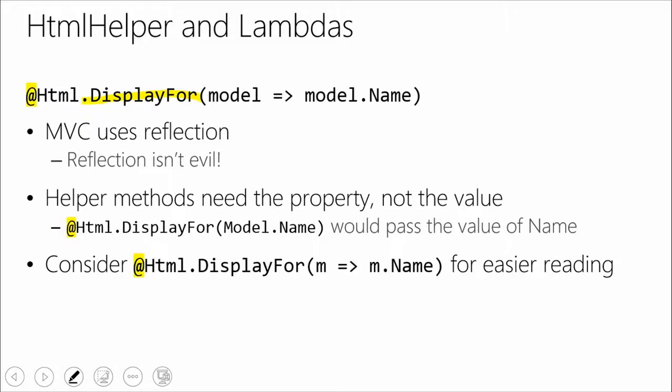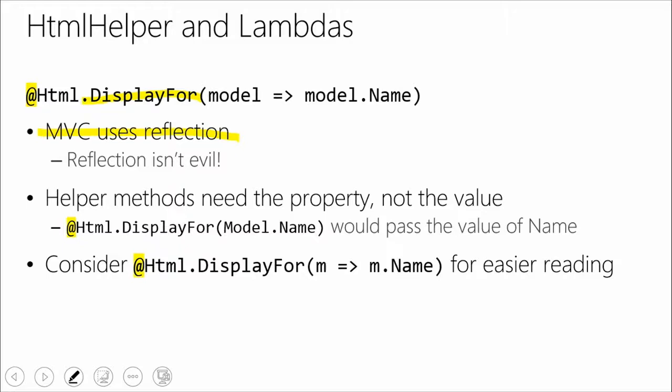So if we had set up a display format maybe for currency, display for will automatically read that. Now, a couple of real quick things here. Number one is MVC does use reflection to make this work. Because it has to go look at the property and figure out, okay, well, what attributes are on it.